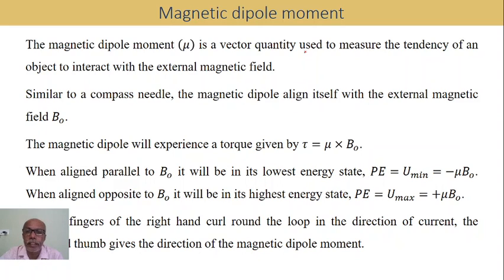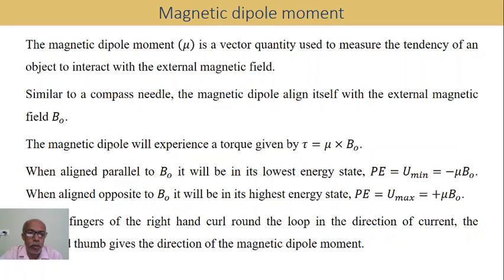This magnetic dipole moment is used to measure the tendency of an object to interact with the external magnetic field. The larger the tendency of the object to interact with the magnetic field, the larger will be the magnetic dipole moment, and vice versa. Similar to a compass needle, the magnetic dipole will align itself with the external magnetic field.